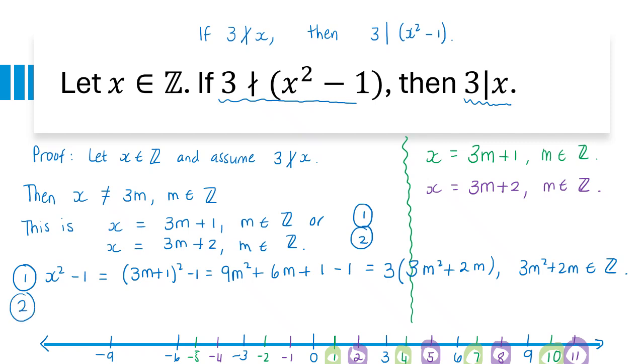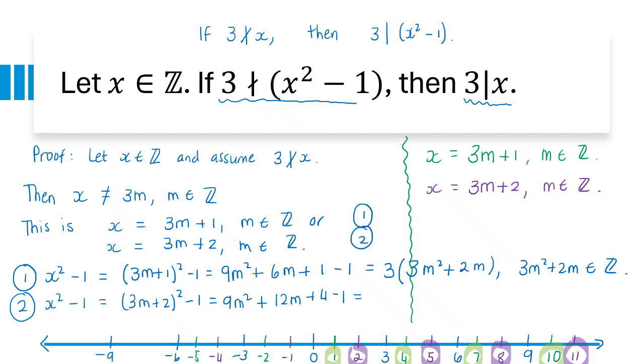In the second case, if we take a look at x squared minus 1, but we use the second form, 3m plus 2, let's expand this. This is going to give us 9m squared. We will get 3m times 2, which is 6m, times 2, which gives us plus 12m, plus 4 minus 1.